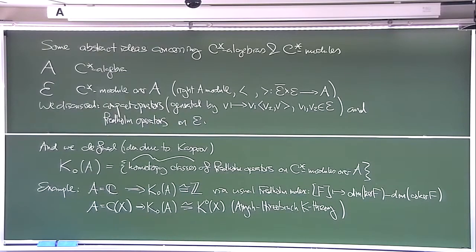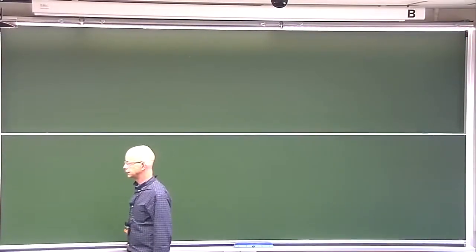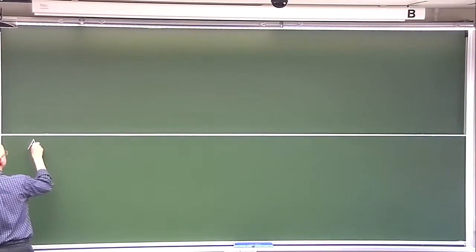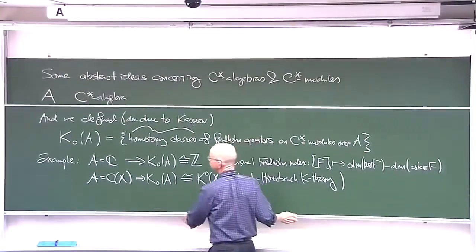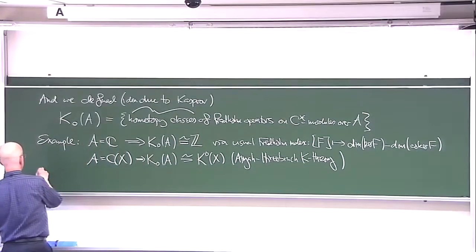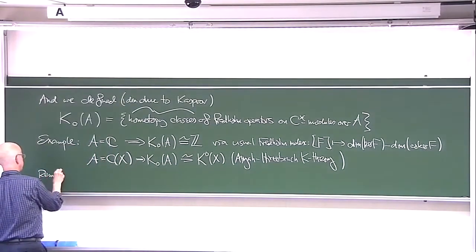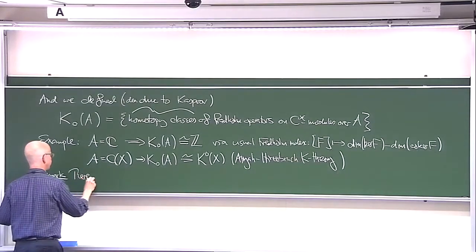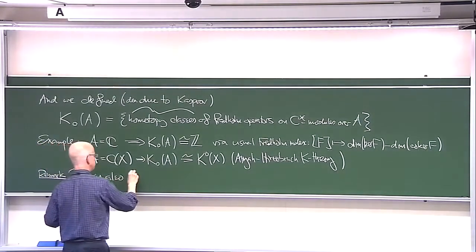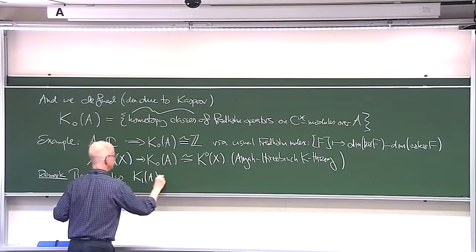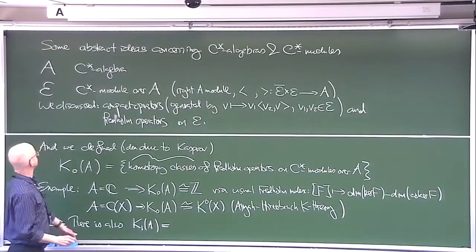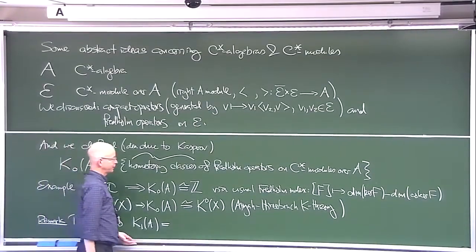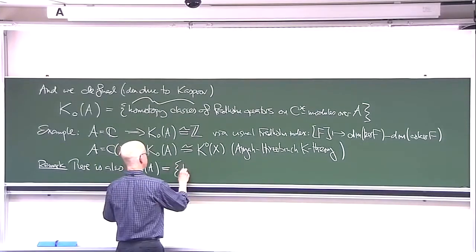I want to dwell on a different example. Oh, maybe I should say before I go on, this is really all I'm going to say about K1. So we defined K0, but there's also a group K1, which is just homotopy classes.